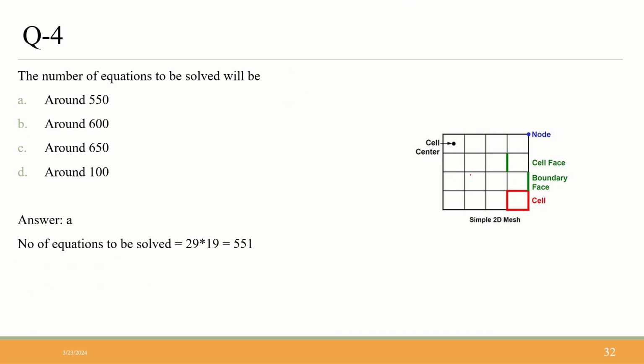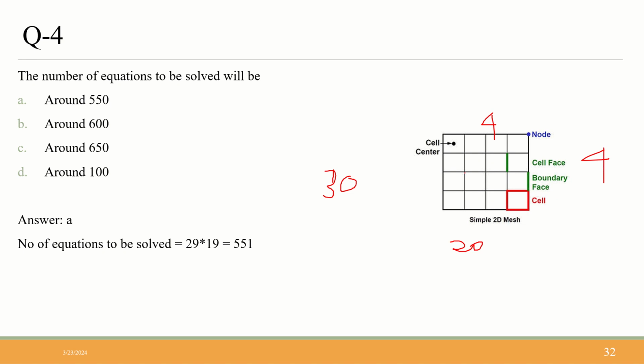Total number of equations to be solved will be around 550, around 600, around 650, or around 100. It was mentioned that we have 20 cells in the x direction and 30 cells in the y direction. So let us take a simple example. We have this simple two-dimensional mesh where the x direction is divided into 4 and similarly the y direction is divided into 4.